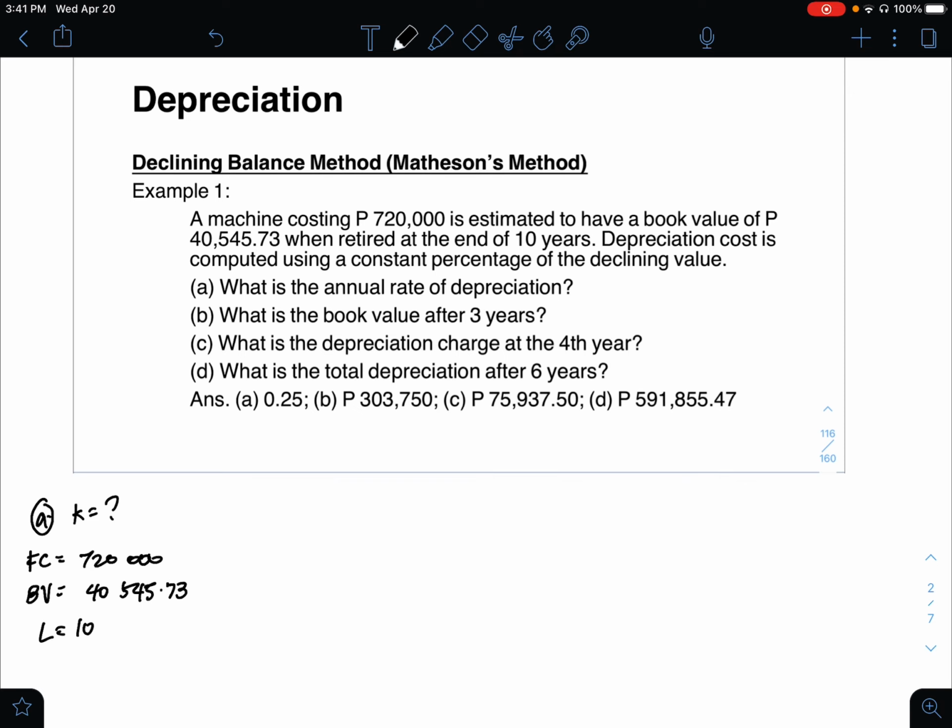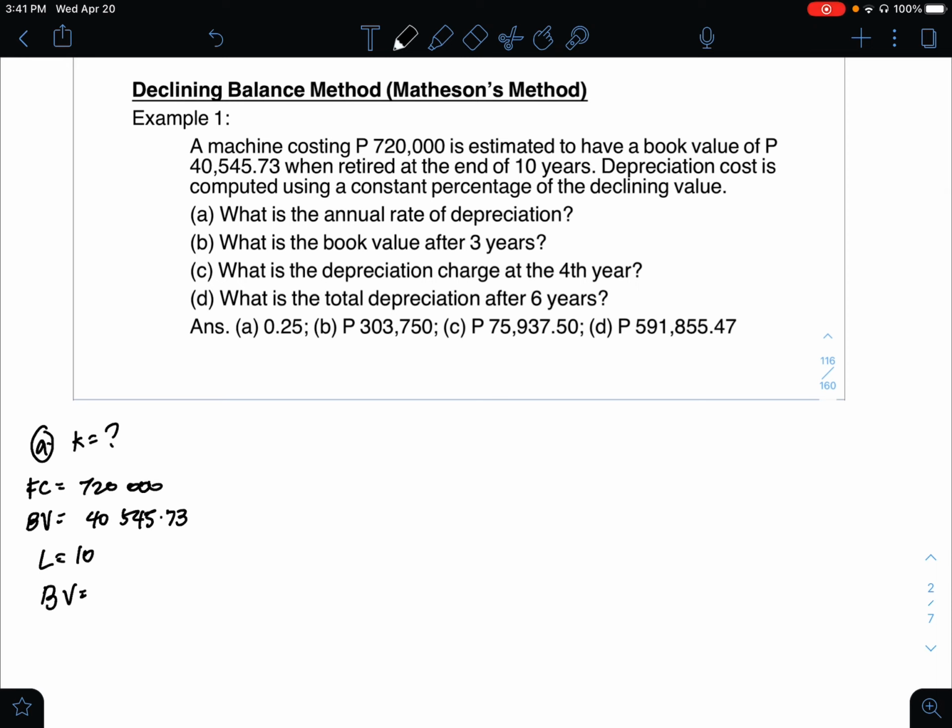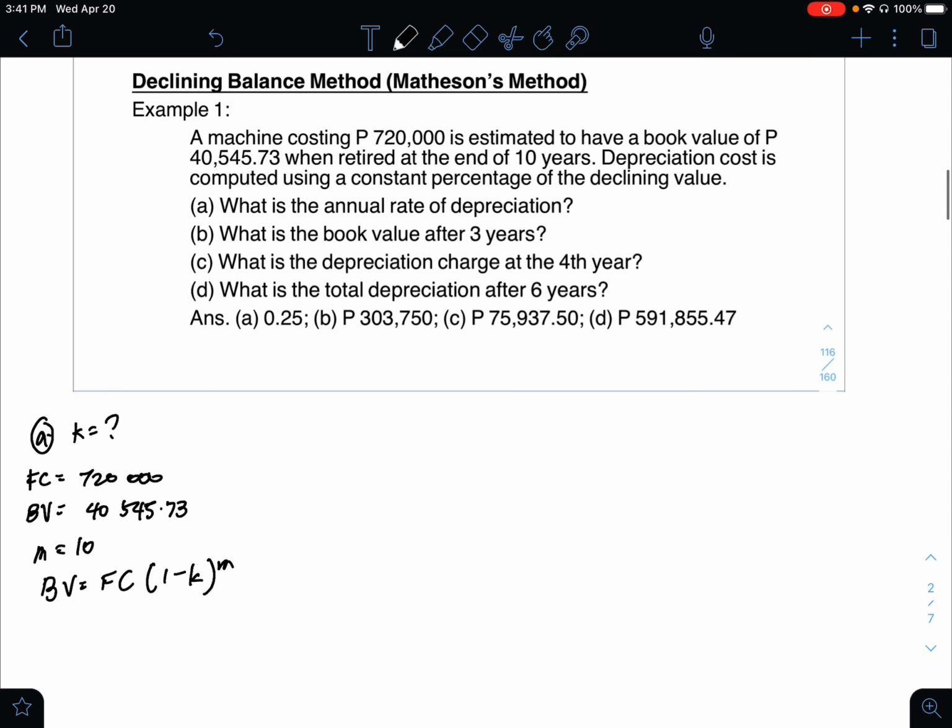Okay. All right. So given the formula, the book value is equal to first cost times 1 minus k raised to the power of m. So this is m when retired at the end of 10 years. Okay, m or L, right?